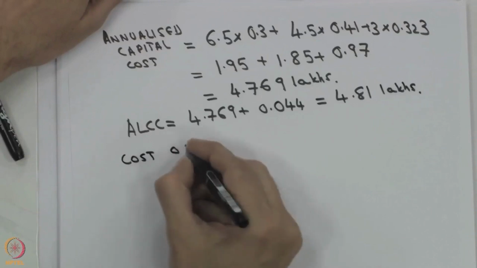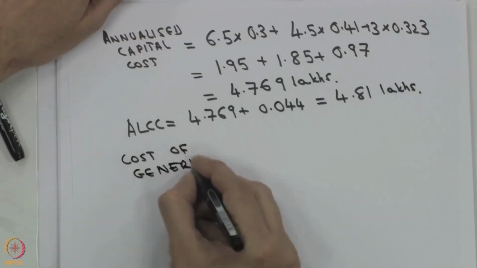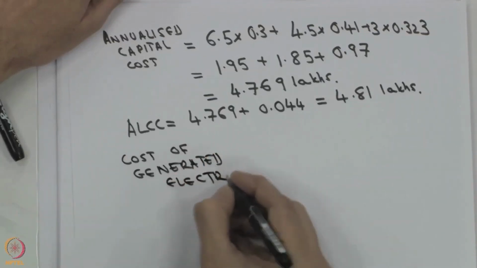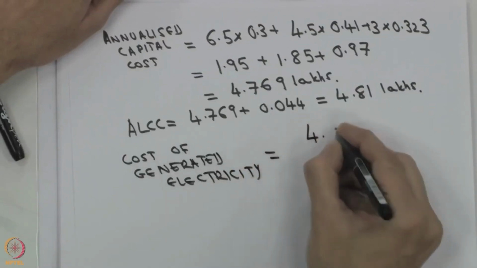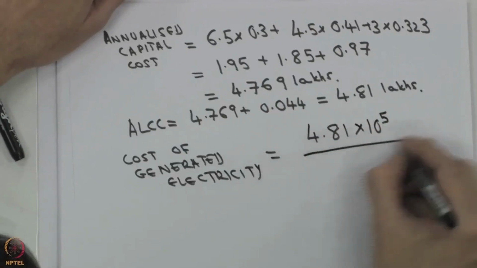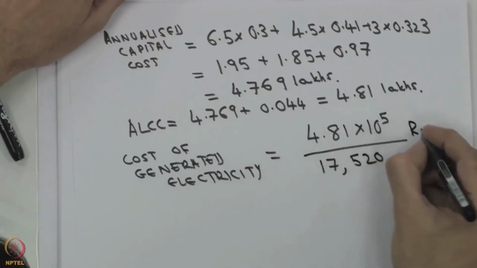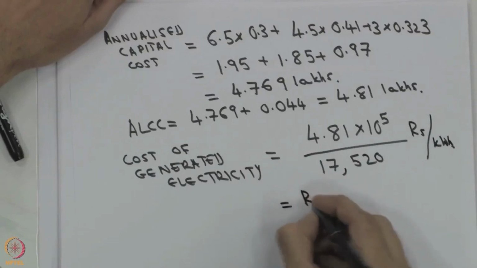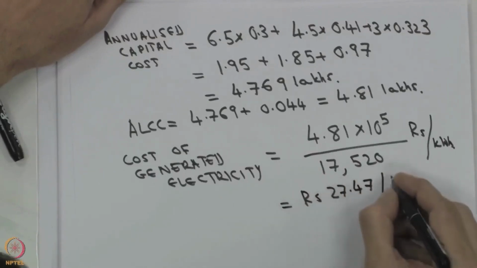Just similar to case B, this will be 4.81 into 10 raised to 5, because it is lakhs, divided by 17,520, and the units, as we said, are rupees per kilowatt hour. When we do this, we get rupees 27.47 per kilowatt hour.